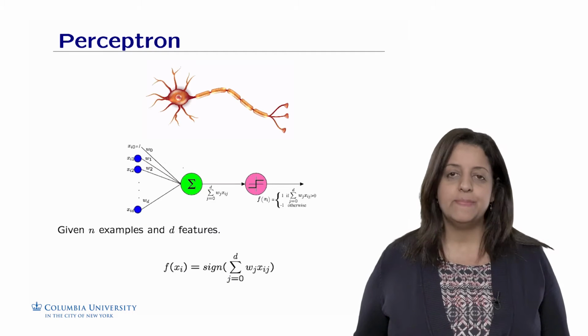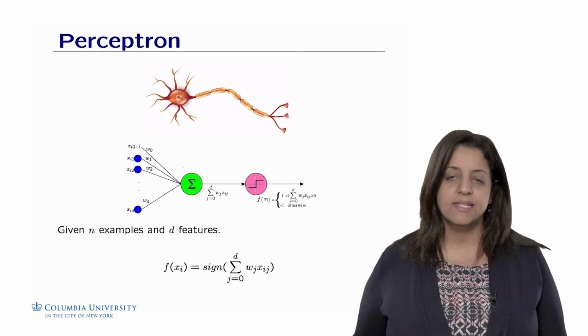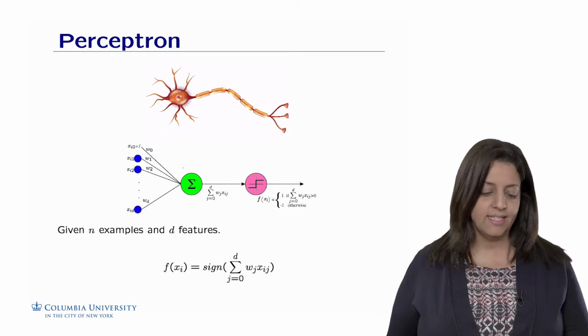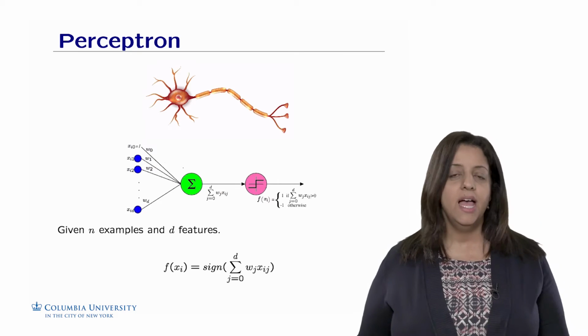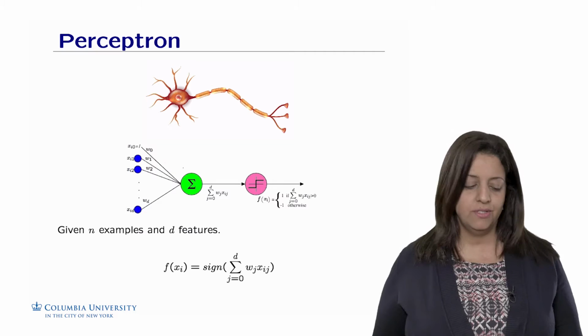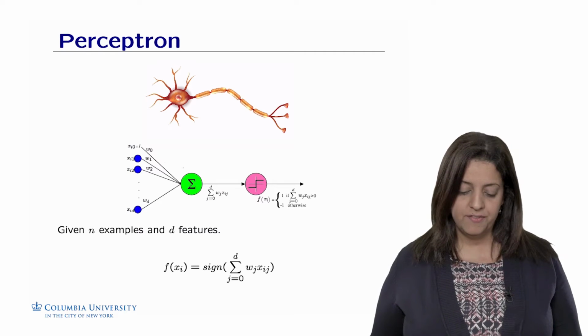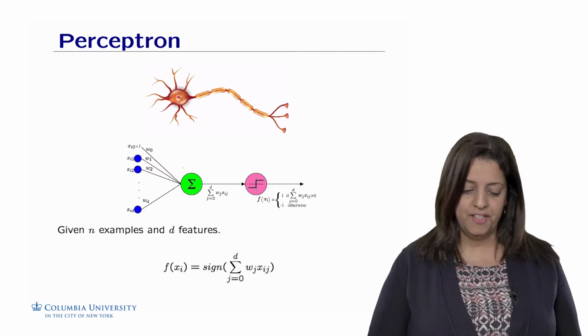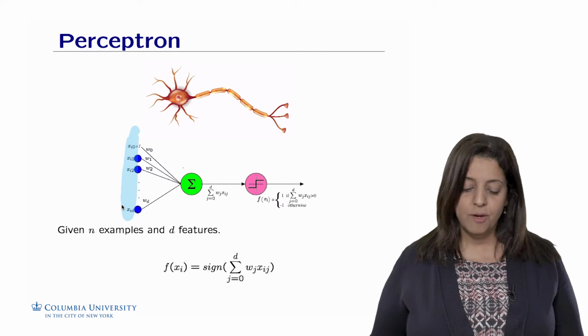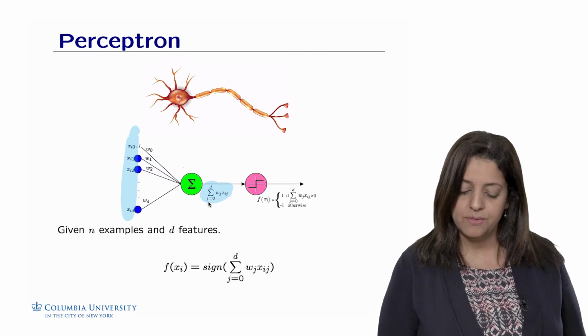As I said before, inspired by biology, the perceptron mimics the simplest functioning of our neurons at the single neuron level. Each neuron takes as input a set of real values and outputs one single value. This can be the input to other neurons. The perceptron specifically has as input the set of features from the data, so these are the feature values, and performs the linear combination of those values.